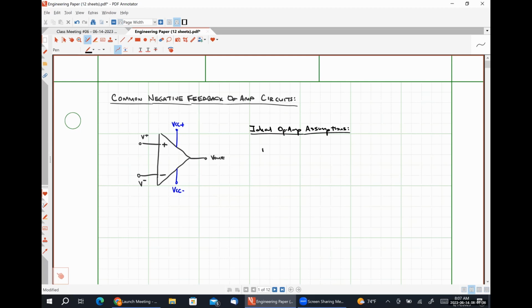Number one, we are going to assume that no current can flow into or out of the input terminals.